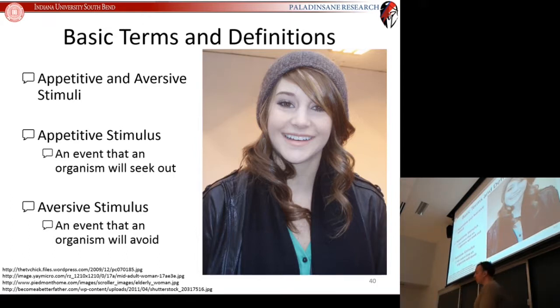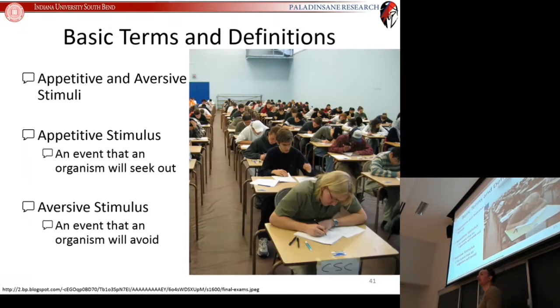And another thing about appetitive and aversive stimuli is they're defined with respect to the organism. They're defined with respect to the individual. So the same event can be aversive or appetitive to different people. So take, for example, exams. Some people actively try to avoid exams, right?